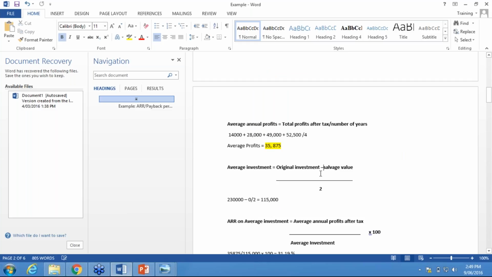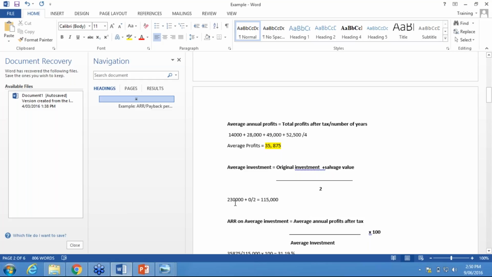Why have I written minus here? Okay. Now, there is no salvage value given to you here. Extremely sorry. I don't know why I have mentioned 0 here. So original investment plus salvage value divided by 2. There is no salvage value given to you. So what do you have to do?